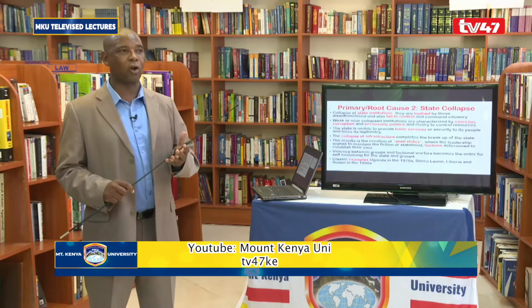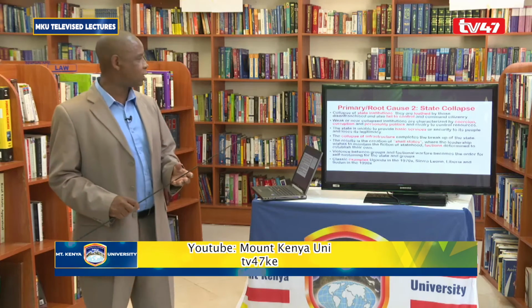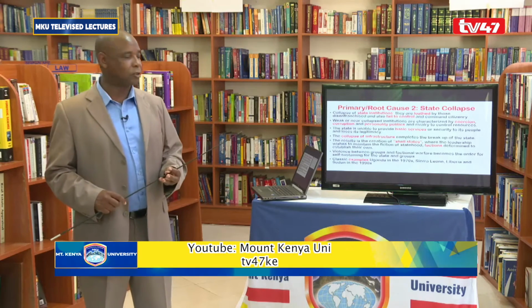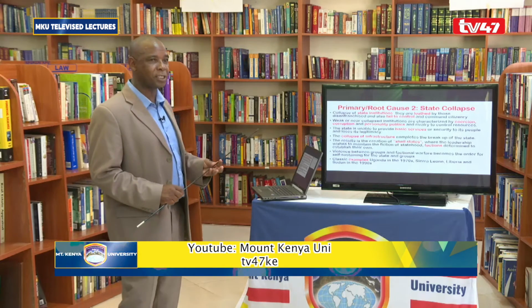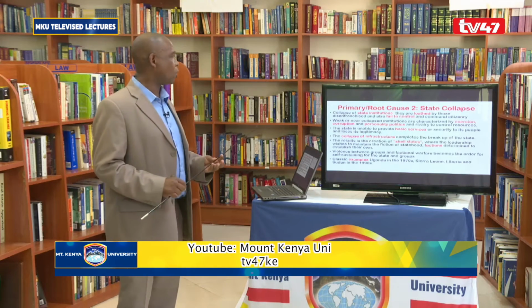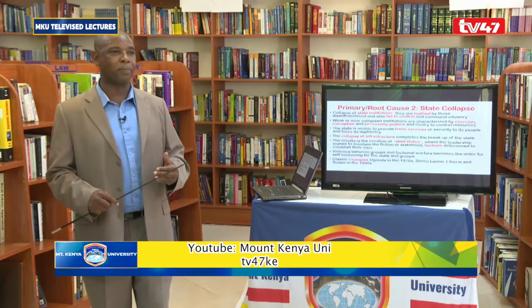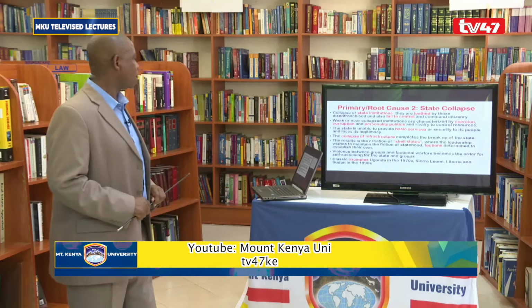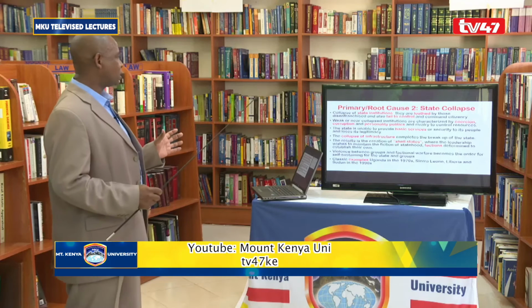When you have weak or near-collapse institutions, these institutions are characterized by, one, coercion. Therefore, they'll always coerce their citizens. These weak institutions are also corrupt, and they are also characterized by personality politics. And when you have this state, access to basic services also collapses.